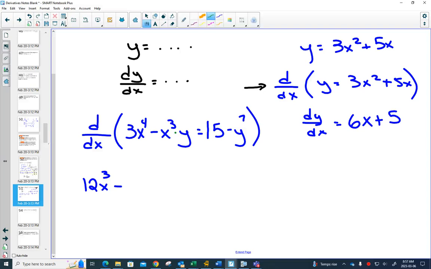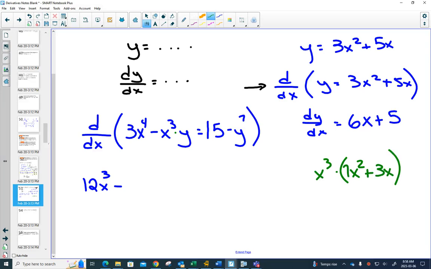So what we're doing here is wherever there's a y, we're imagining the dot, dot, dot, some huge equation in terms of x with very complicated derivative rules. So you're imagining that right here. If you had an x cubed times by, imagine the worst, I can't even imagine that one.